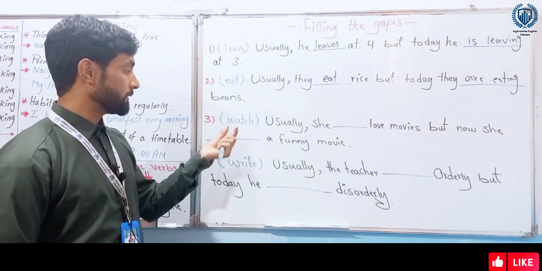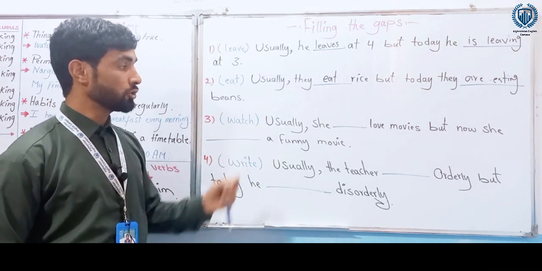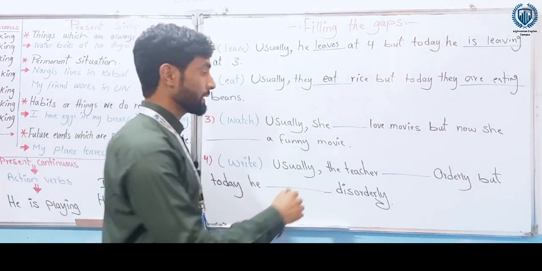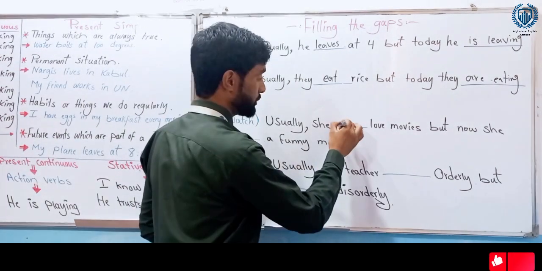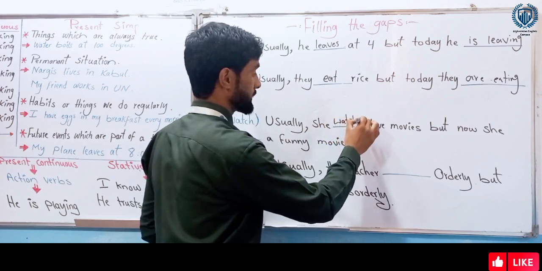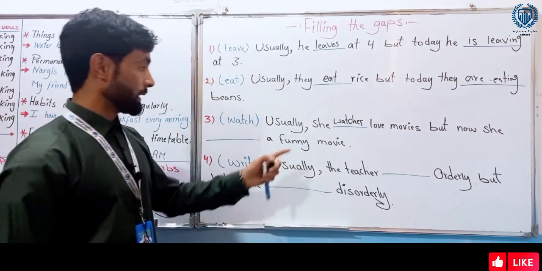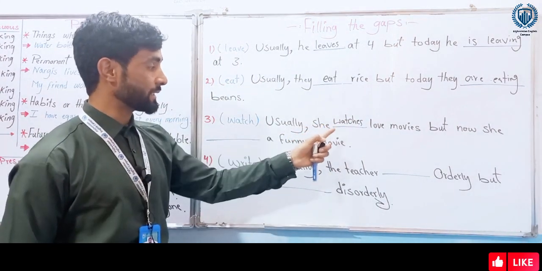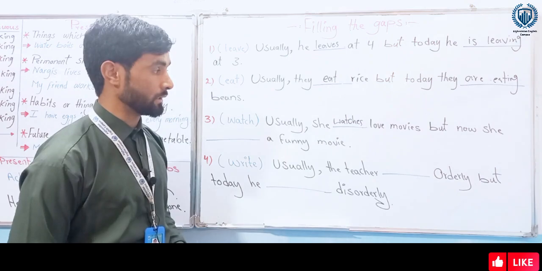Third sentence, the verb is watch. Usually she watches. Now, usually when we say it is simple present, usually she watches. We have to add es at the end because the subject is singular.